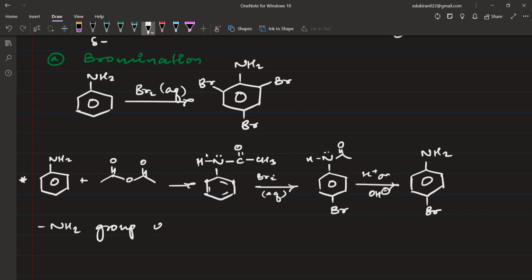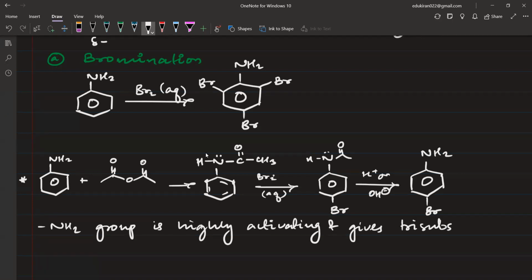The NH2 group is highly activating and gives a tri-substituted product on electrophilic aromatic substitution.